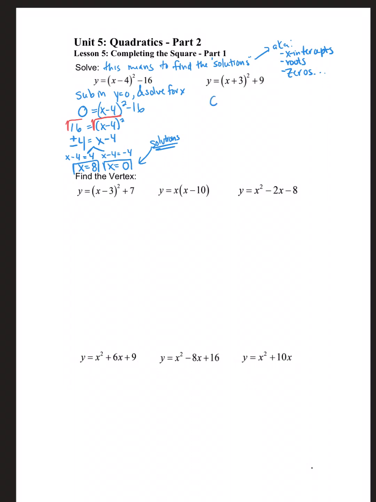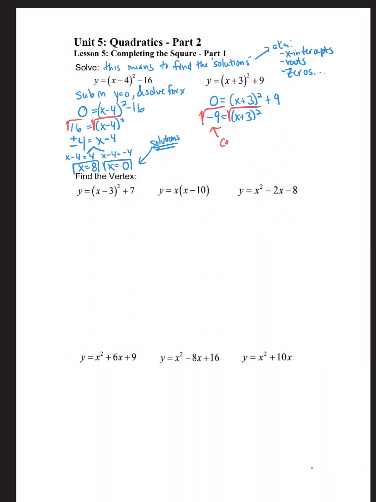So again, we're going to sub 0 in for y. And we're going to isolate x. So I'm going to bring the 9 over by subtracting it. And then we'll take the square root of both sides. Okay, when you try to take the square root of both sides, you should get an error in your calculator.